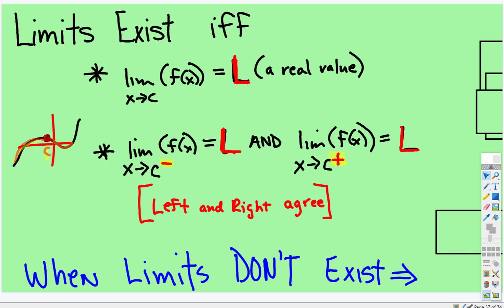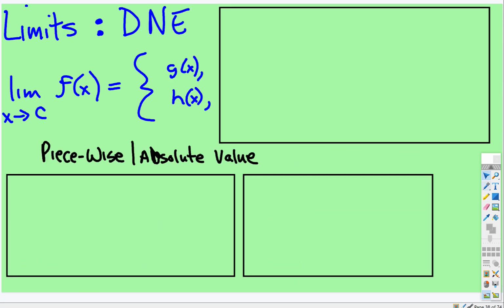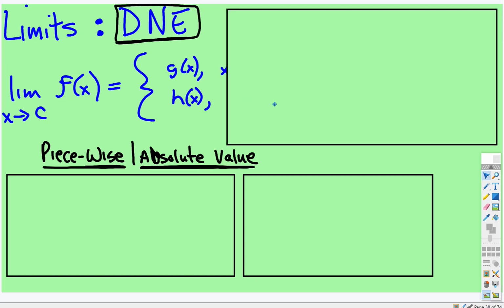When do limits not exist? All right, we're going to be looking at piecewise functions, and special types of absolute value functions, to see when limits don't exist.